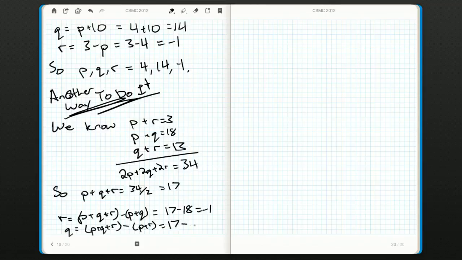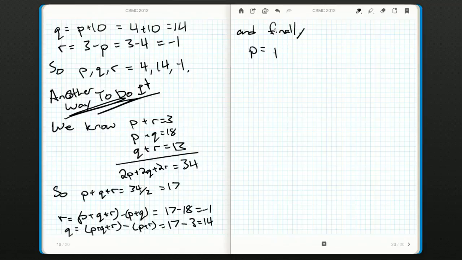So that's 17 minus 3, 14. And finally, P, well, if we have P plus Q plus R and we want to just isolate P, we need to get rid of that Q and that R. 17 minus 13, that's 4.